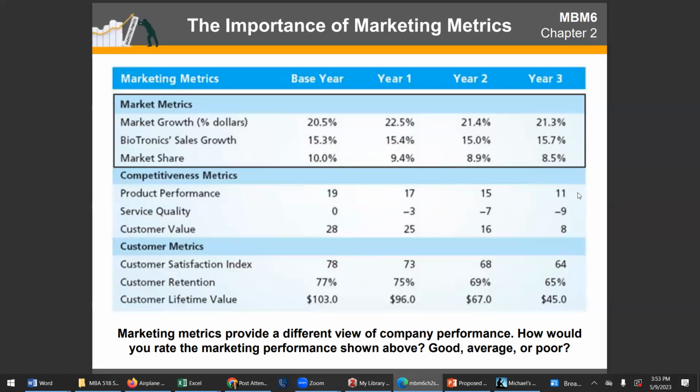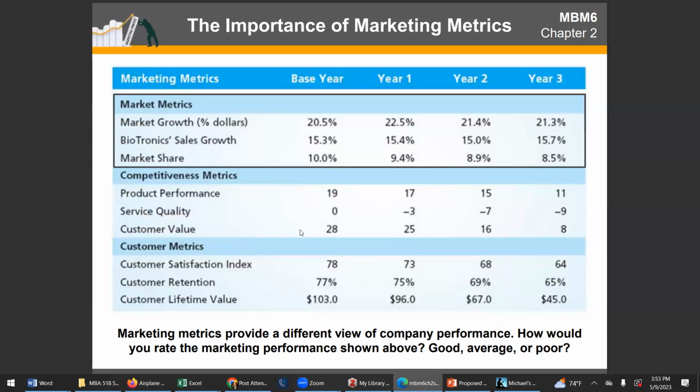If our product quality is going down, it makes sense that if we're in a competitive market, in a competitive industry, we are going to be losing share, which is what seems to be happening, to our competitors. Looks like service quality is also going down, and this notion of customer value, and we can define value as the amount of benefit that customers feel like they're getting from Biotronics' product or service relative to what they're paying.